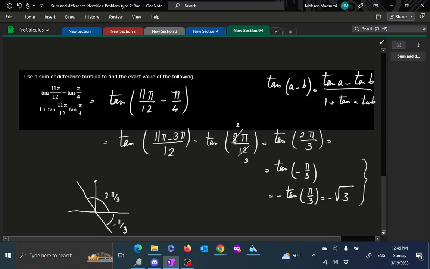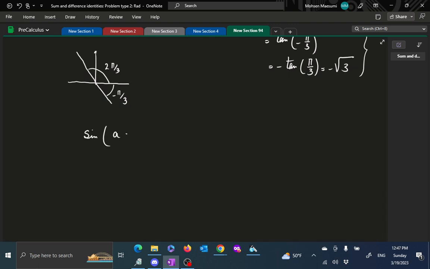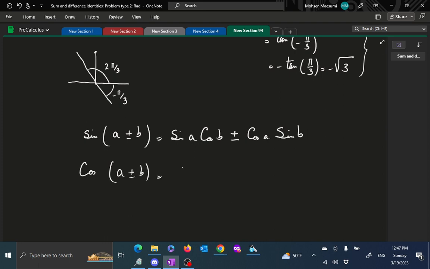Just to paraphrase everything: sine of a plus or minus b is sine of the first, cosine of the second, plus or minus cosine of the first, sine of the second. For cosine of a plus or minus b, we had cosine of the first, cosine of the second, minus or plus, so in reverse order, sine of the first, sine of the second.